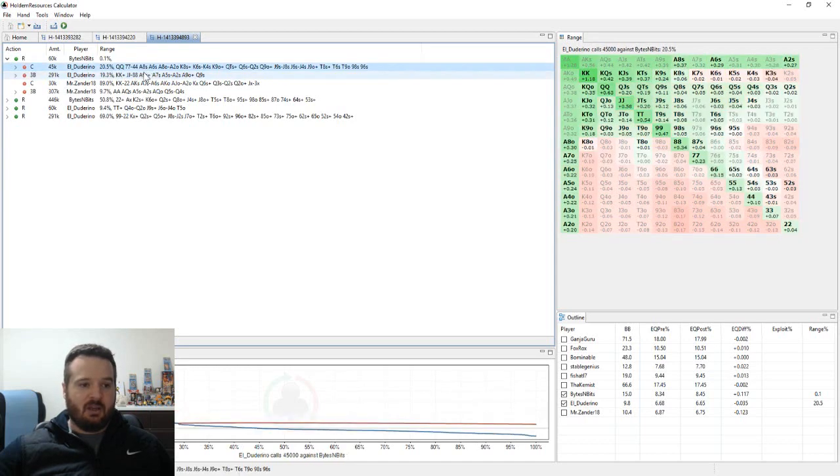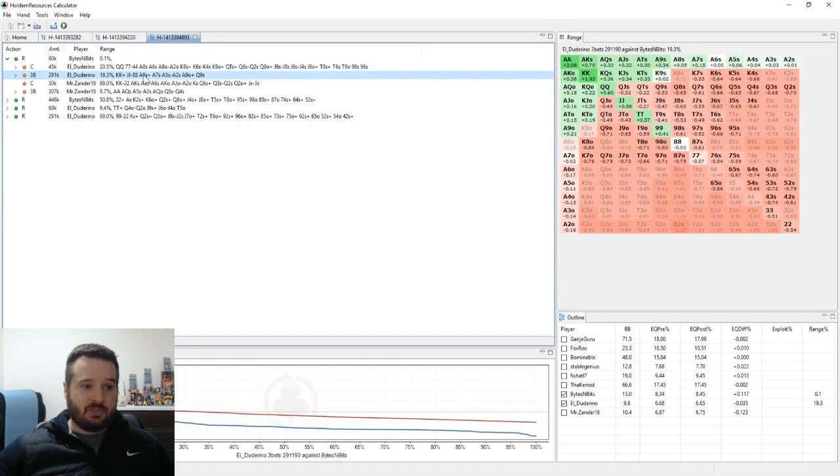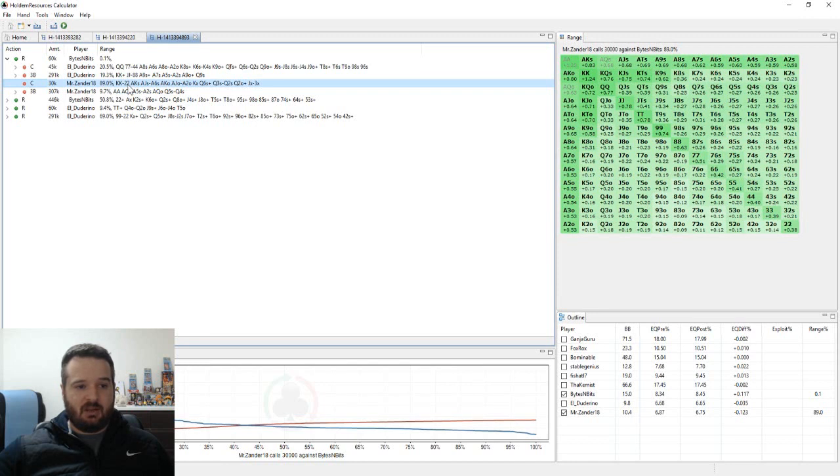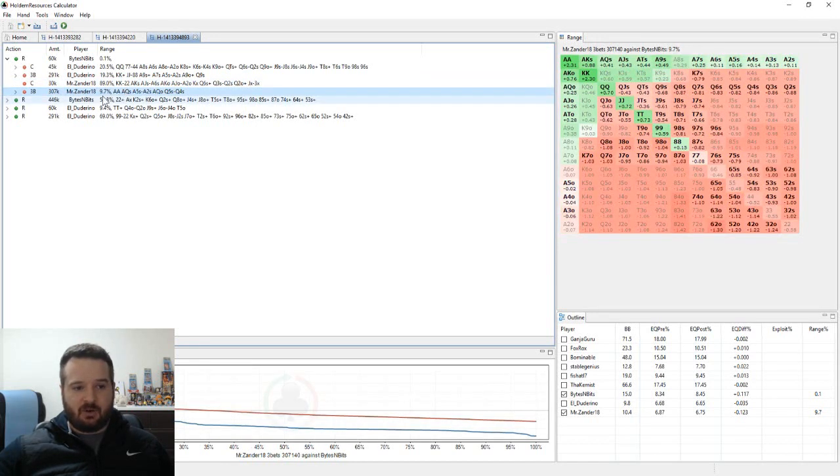So they should be continuing a total of 40% of the time. And the big blind here should be calling 89% and folding or jamming almost 10%. So basically they should be continuing in one way or the other with about 100% of the range.